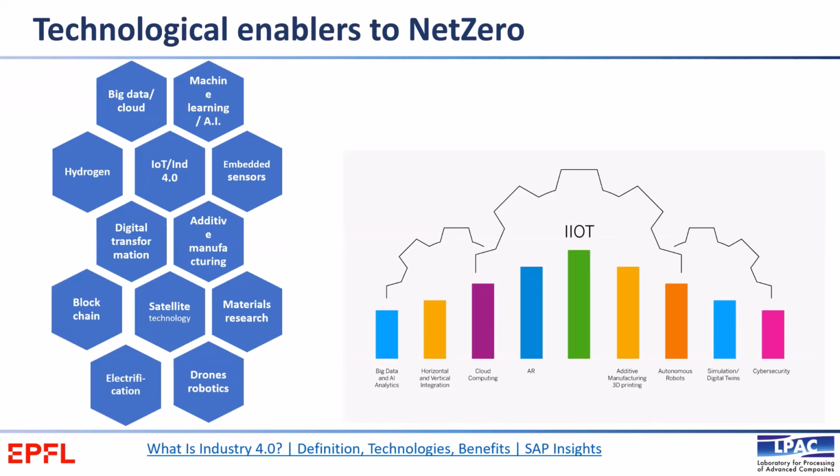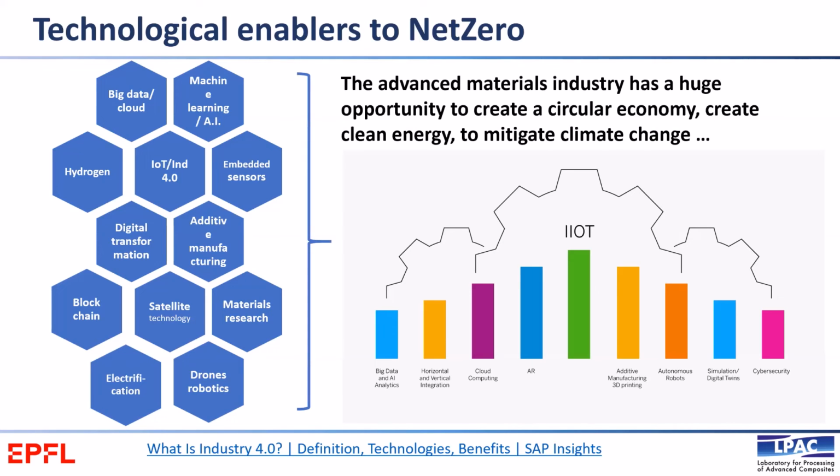Look at some parts we can make by additive manufacturing. Of course, novel materials. Satellite technology, we can now see methane leaks and where they're coming from. Blockchain, drones and robotics. A lot of these things can be enablers if they're used in the right way. So we can make a big difference.